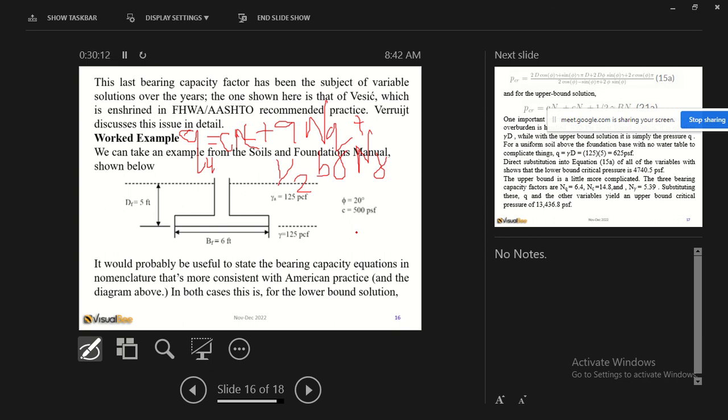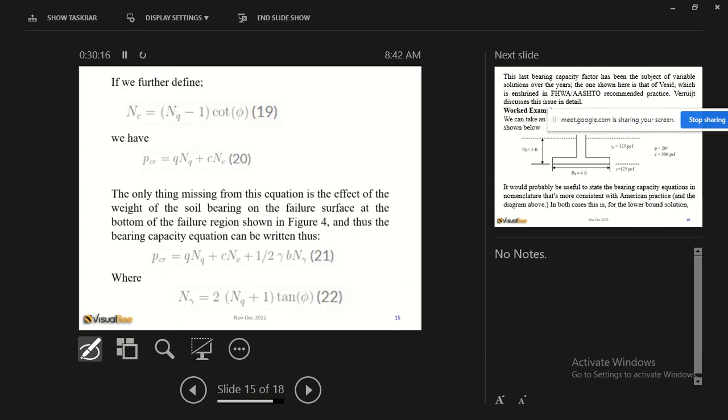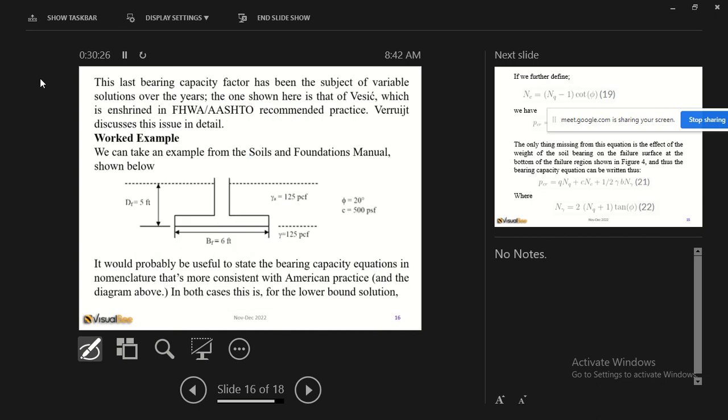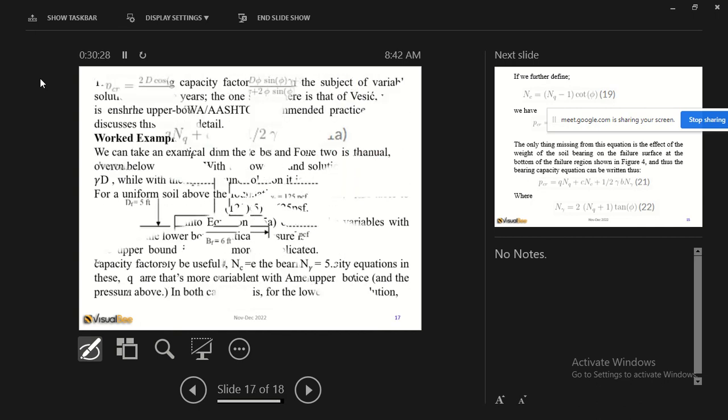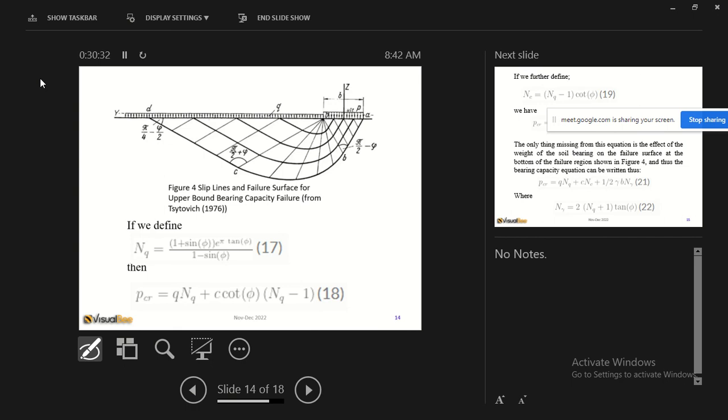The only thing you will struggle to find, which we are not going to show you in this class, is the bearing capacity factors, and actually it's not difficult anyway. First we need to calculate Nq. The gamma here is 20. So you need to spend some time here. You substitute 20 in the formula, phi equals 20.